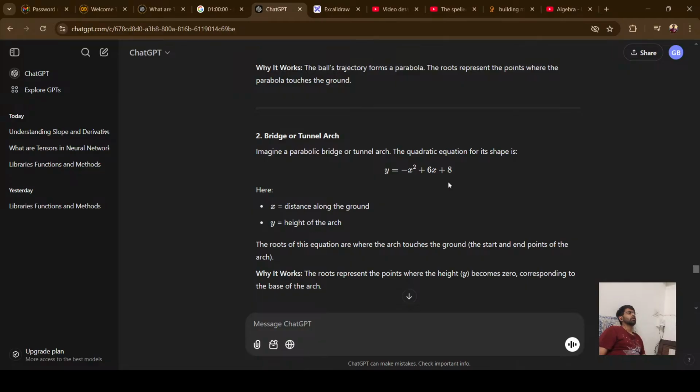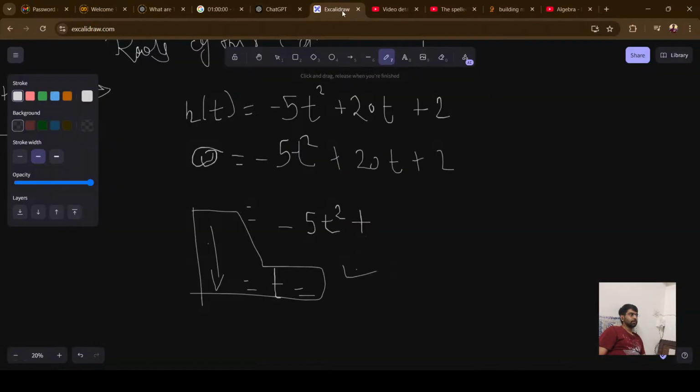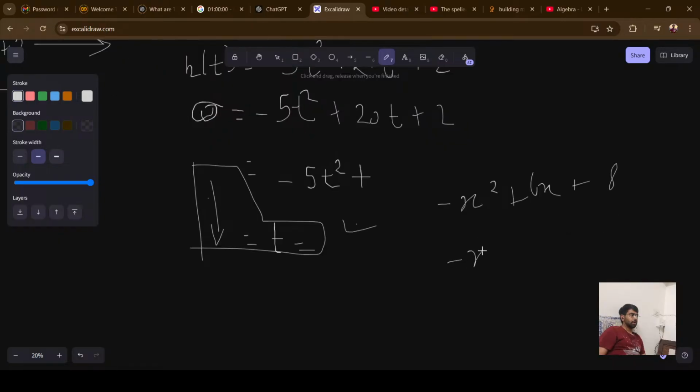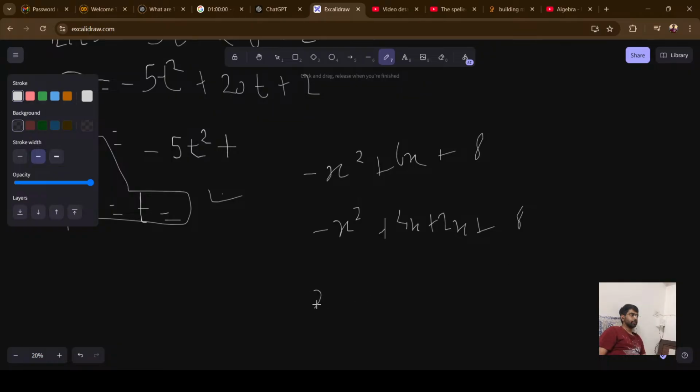We can solve this. Minus x square plus 6x plus 8, we can solve this by splitting it into minus x square plus 4x plus 2x plus 8.